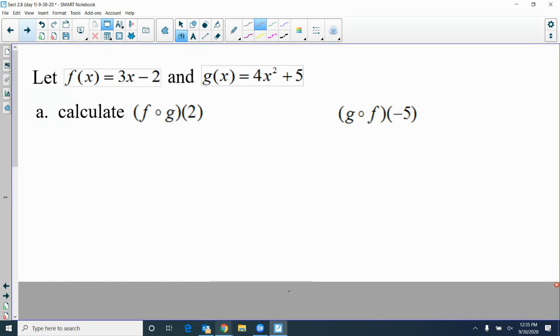All right, f of g of 2. Okay, f of g of 2. Well, if you follow that definition, it'll look like that. We're not multiplying those two together.